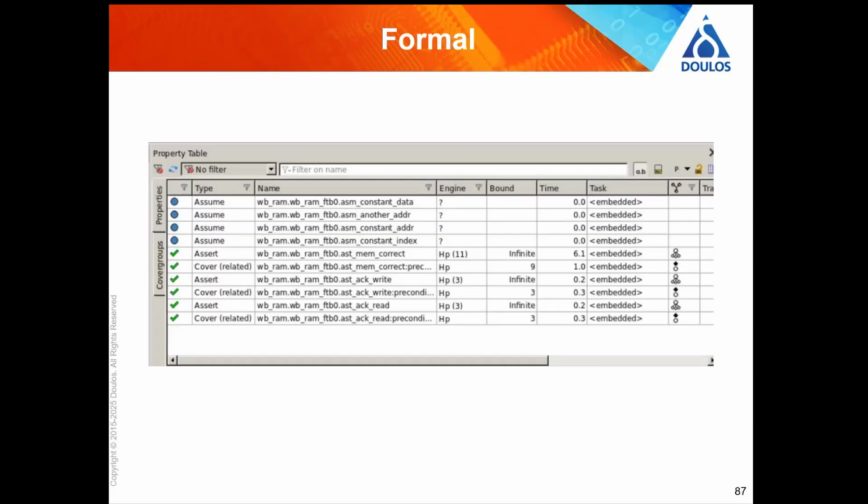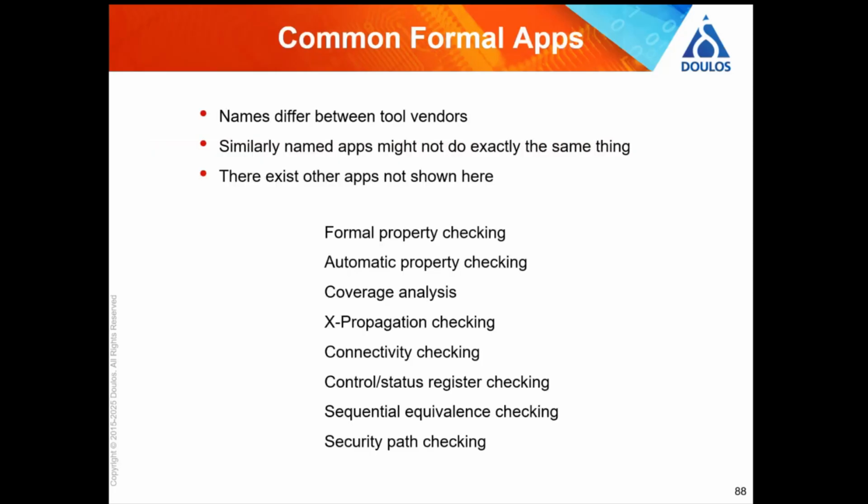Your formal tool will tell you which of your assertions have passed and which have failed in some kind of table. This is the Cadence tool, but the Siemens tool and the Synopsys tool do exactly the same thing. With your formal tool, you also get a whole bunch of other what are called apps. Formal property checking was what I was just showing you.